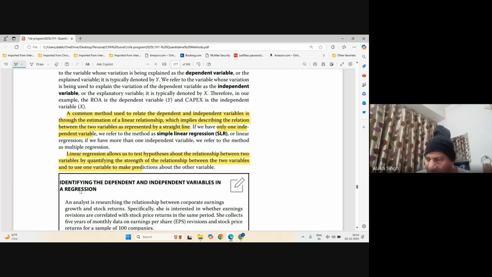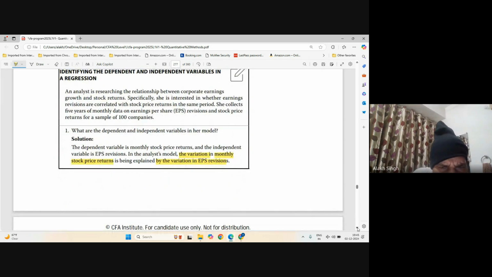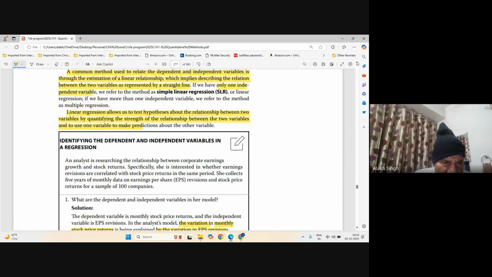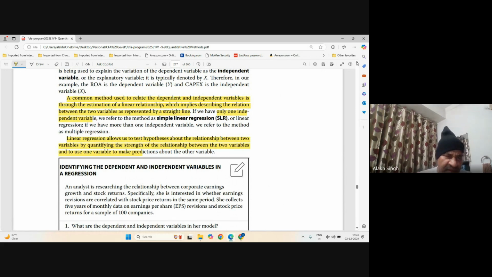You identify this very well now: the one which is explanatory becomes the independent variable, and the one which has to be estimated or forecasted becomes the dependent variable. This one you are also very familiar with. So here is the question, and you can see whether you can easily identify it. Yeah, please read it.